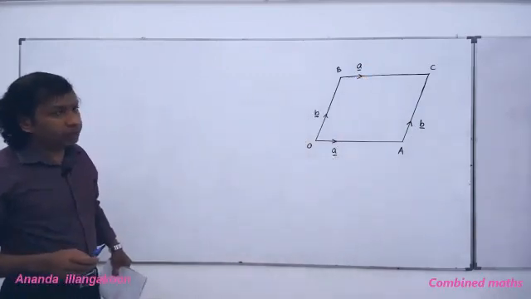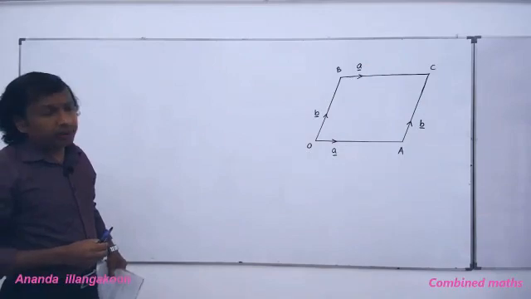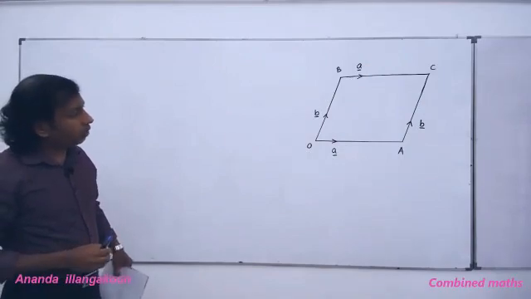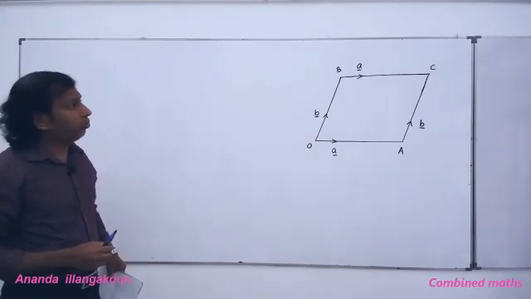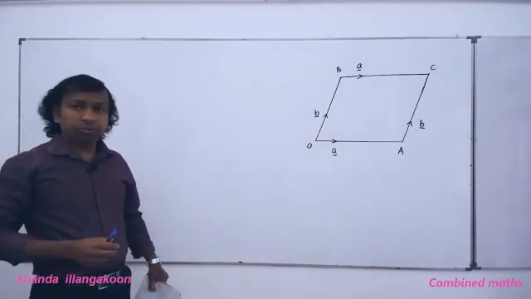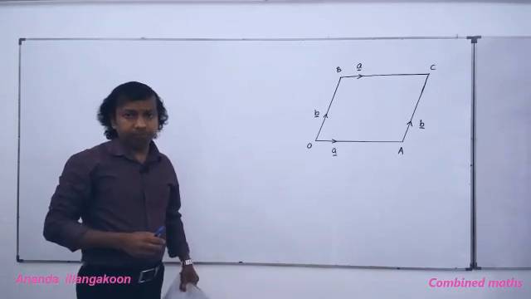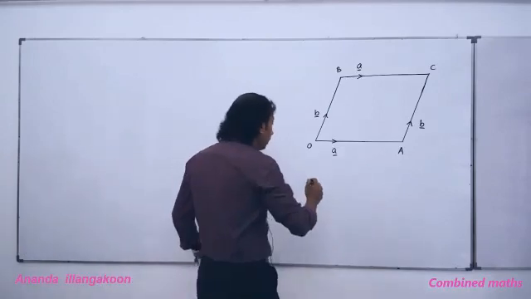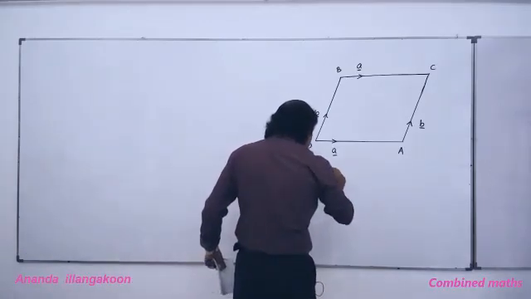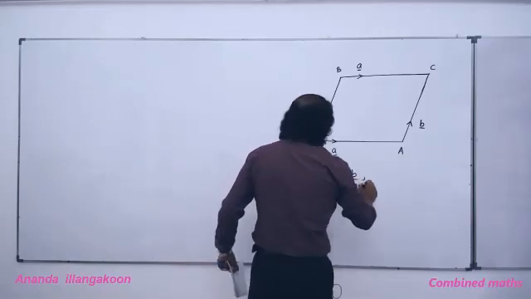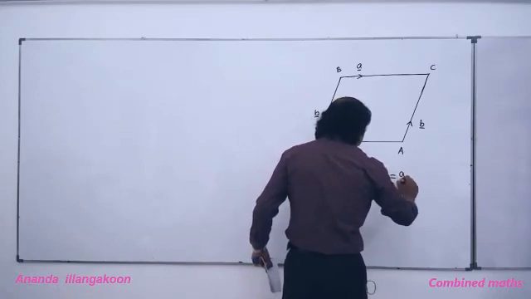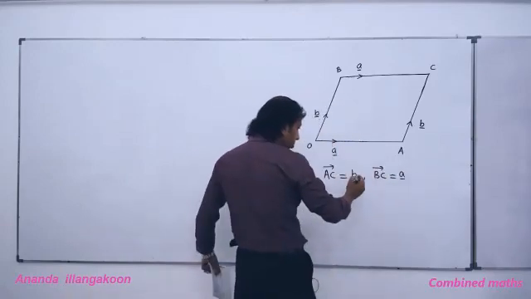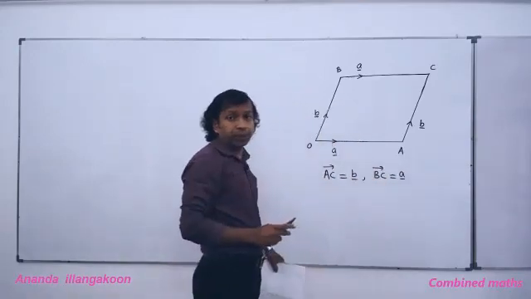OA and BC are equal in length, they are parallel, and the direction is also the same when I put the arrowhead like this on BC. So this BC vector is also simple a vector. This AC vector is equal to simple b, and BC vector is equal to simple a. Okay, right.